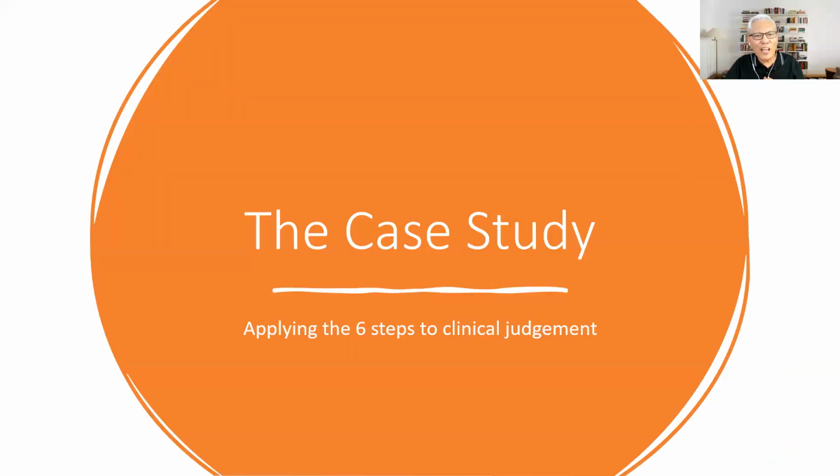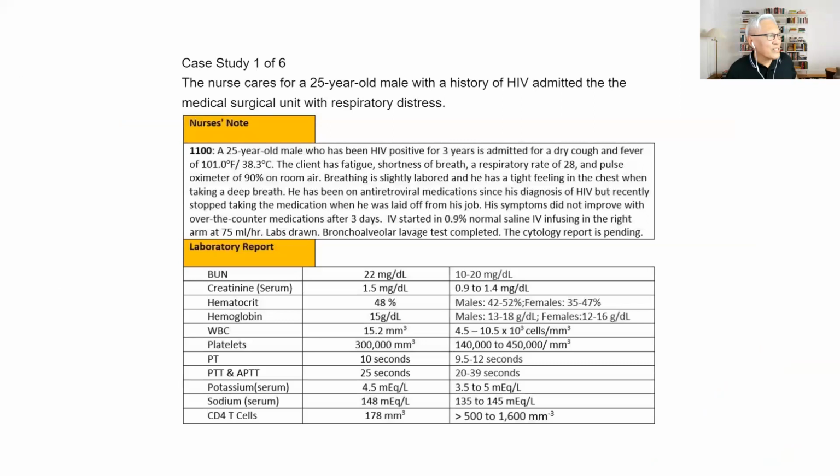So let's go to the case study now. Let's take a look at the situation. The nurse cares for a 25-year-old male with a history of HIV, admitted to the medical surgical unit with respiratory distress. At 11 o'clock, the nurse's note says: 25-year-old, HIV for 3 years, admitted for a dry cough and fever of 101.